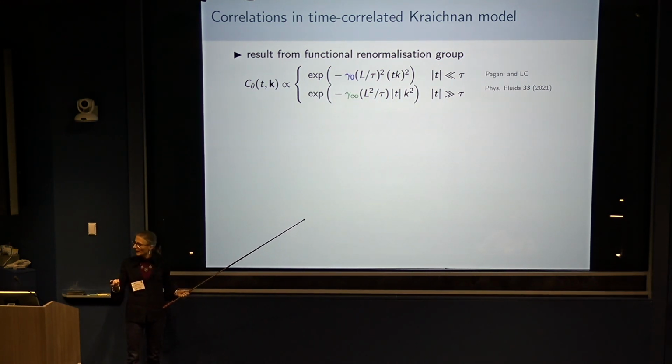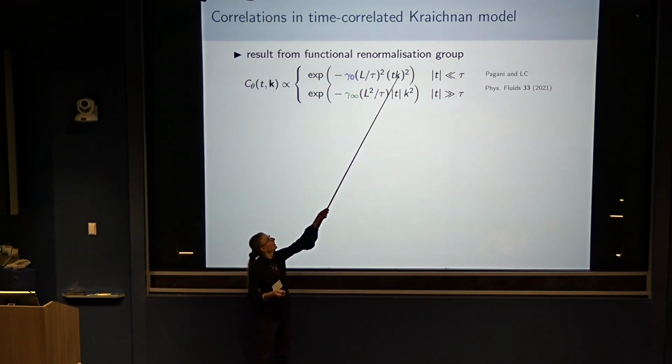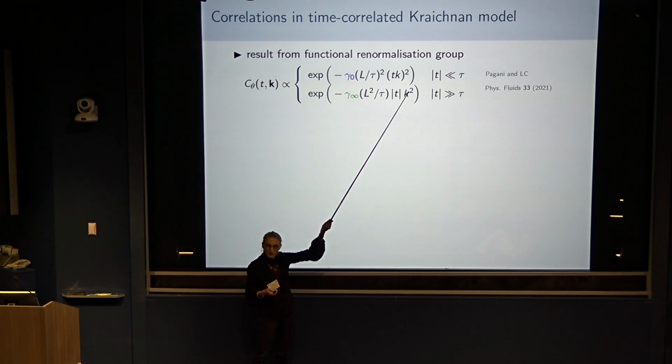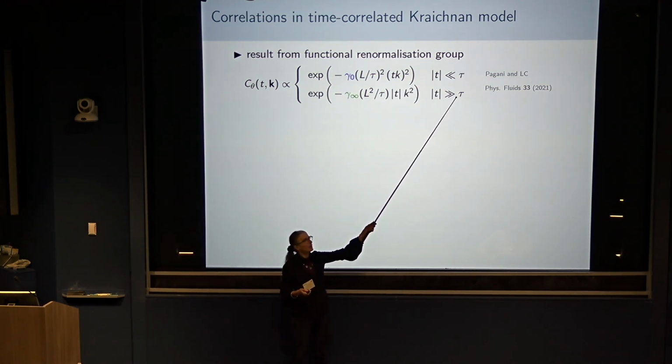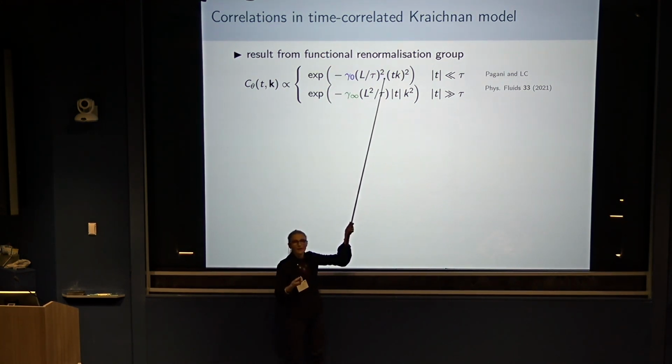In the limit where k, the wave number, is large, a crossover should occur from a Gaussian at small time to an exponential at large time. But in this case, this tau can be controlled by your synthetic velocity field, so you can tune it independently of the internal time scale of your scalar.